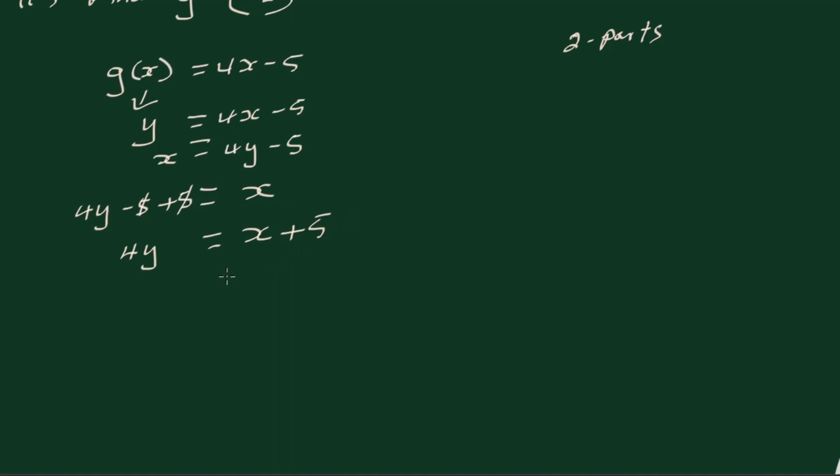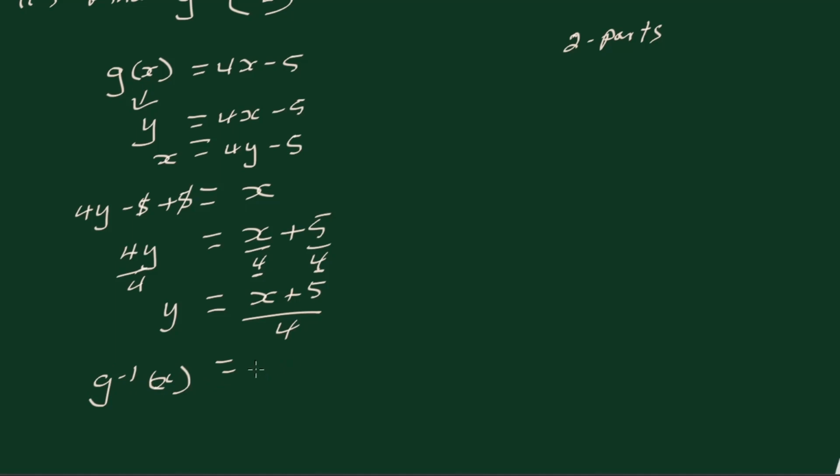So it's x plus 5. Now I have 4, so I'm going to divide out the 4. Each term is divided by 4. So y equals x plus 5 all over 4. Because we have a common denominator here, we could express the numerator over a common denominator of 4. So now our inverse function g inverse of x equals x plus 5 over 4. And this is our inverse function.